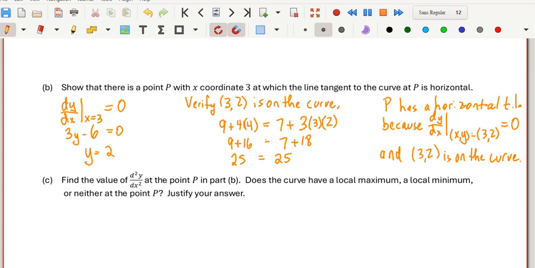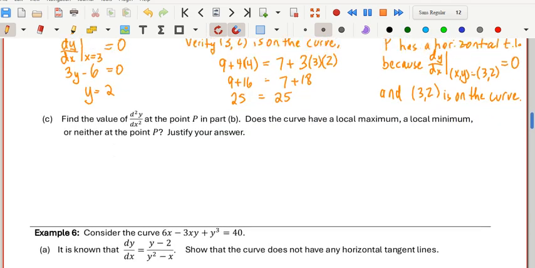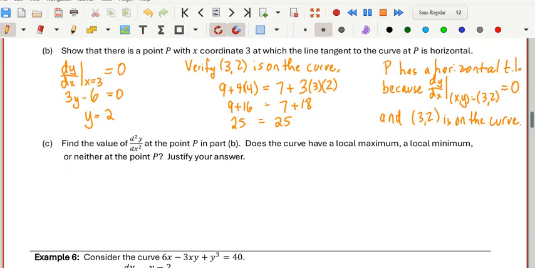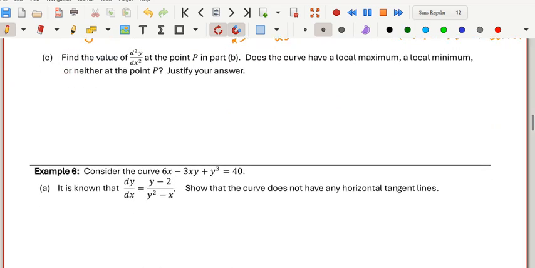Okay, the last thing we'll do today, which gets me to a happy place with where we are in these notes, is find d squared y dx squared and use the second derivative test on that. My dy dx wasn't too awful, but we do need to use the quotient rule.